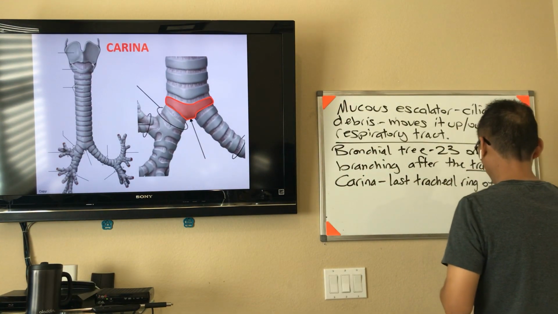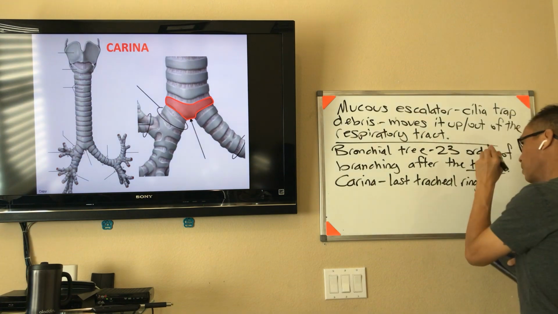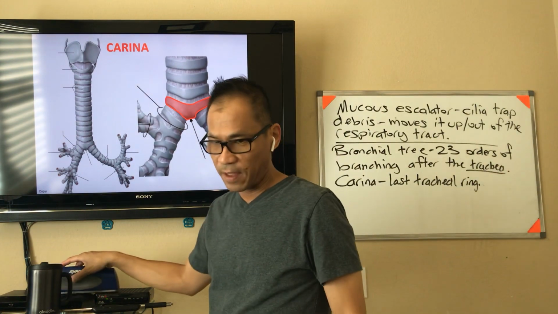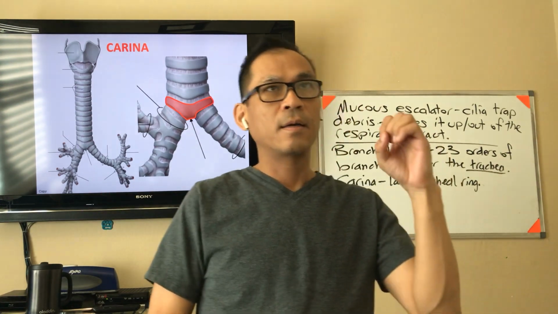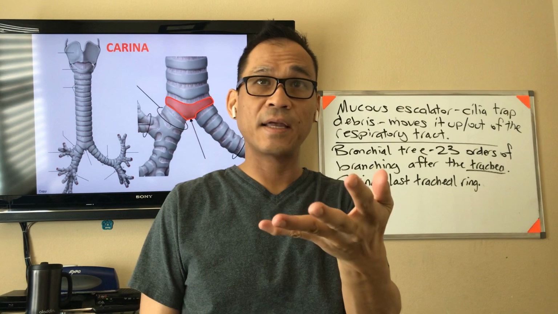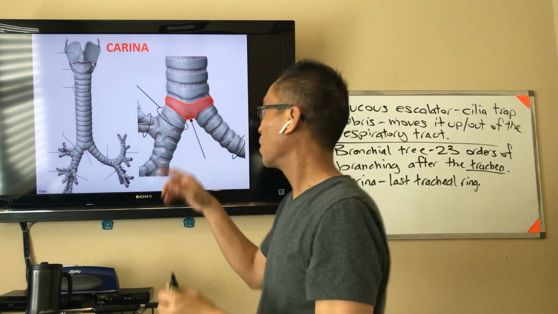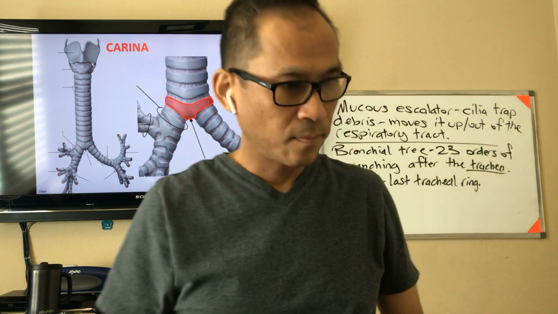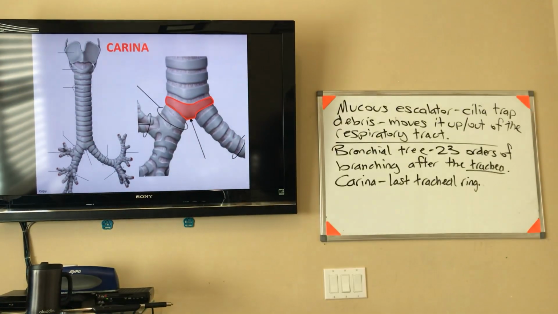You kind of see it there, right? Well, anyways, how we do this is we talk about division 0. That's the trachea. It's the airway, and it hasn't divided yet. In the first division, at the carina, you can kind of see it divide and divide and divide again. We'll just go through it.